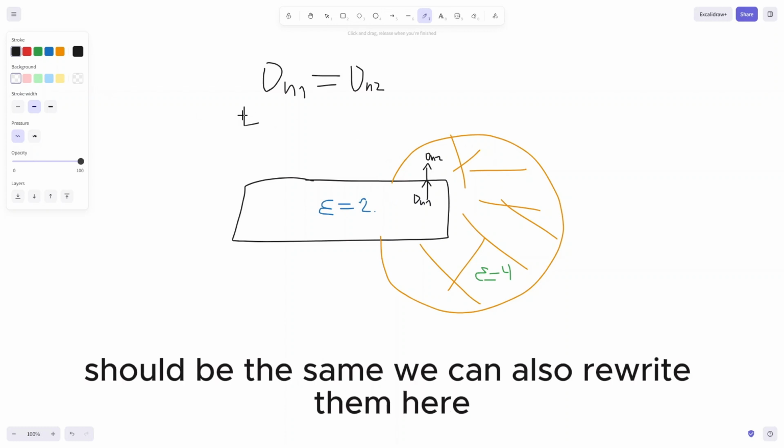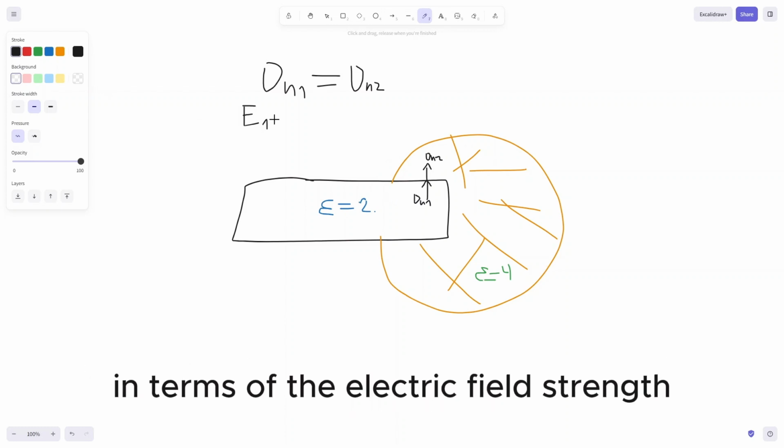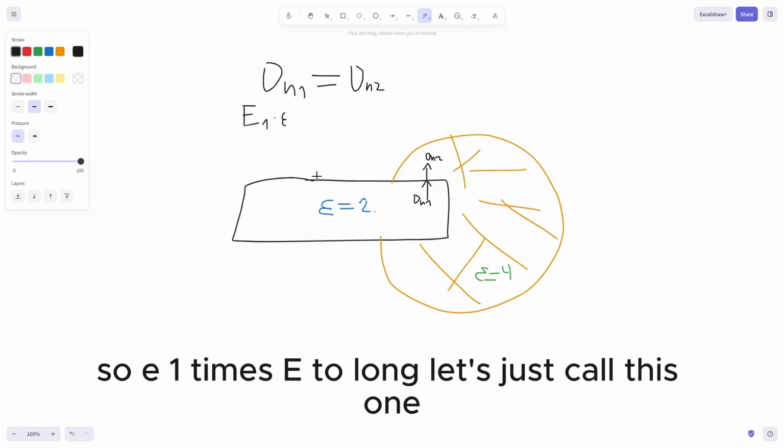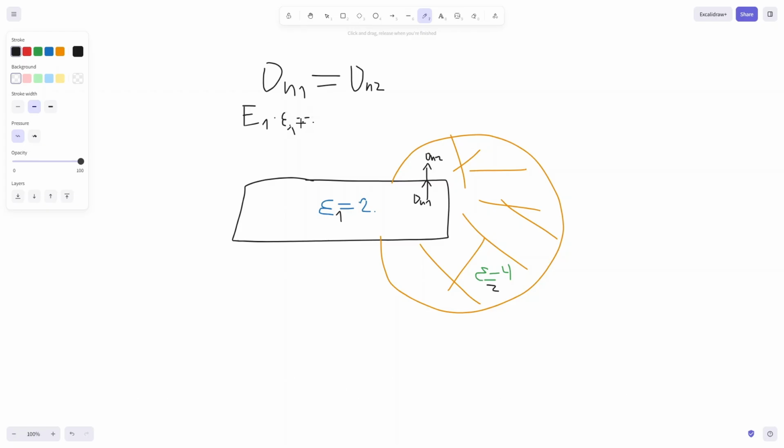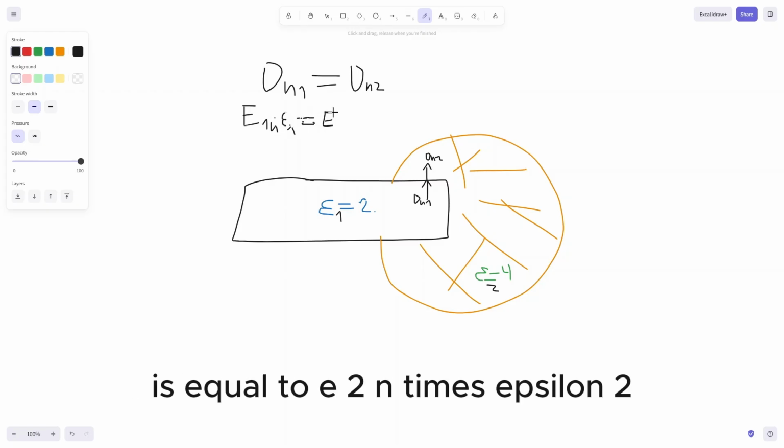We can also rewrite them here in terms of the electric field strength. So E1n times epsilon 1, let's just call this 1, this one 2, is equal to E2n times epsilon 2.